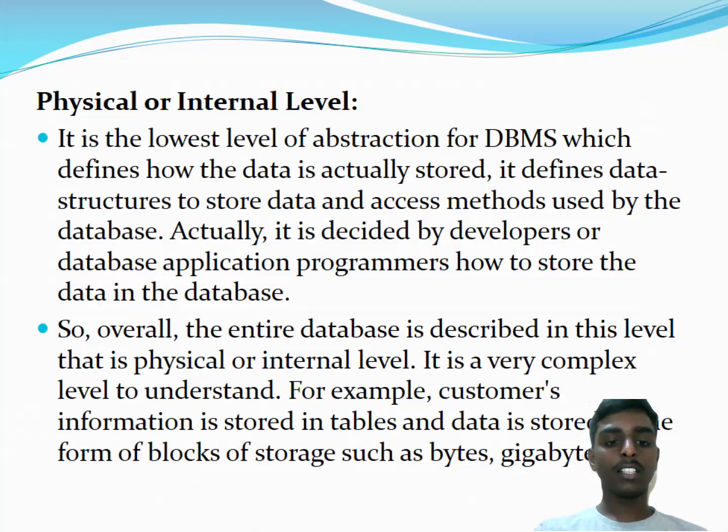It defines the data structures to store data and access methods used by the database. Actually, it is decided by developers or database application programmers how to store the data in the database. So overall, the entire database is described at this level. It is a very complex level to understand.